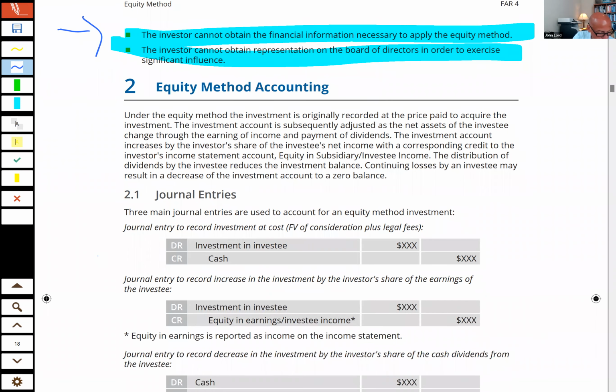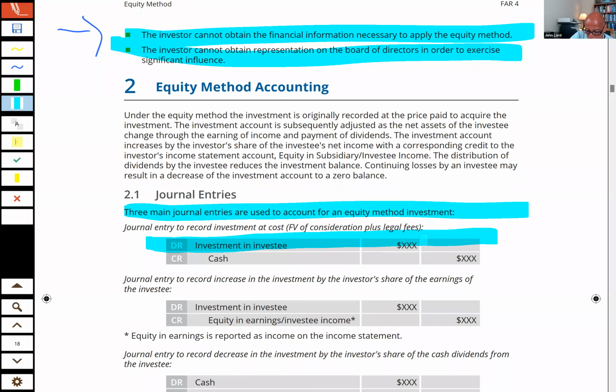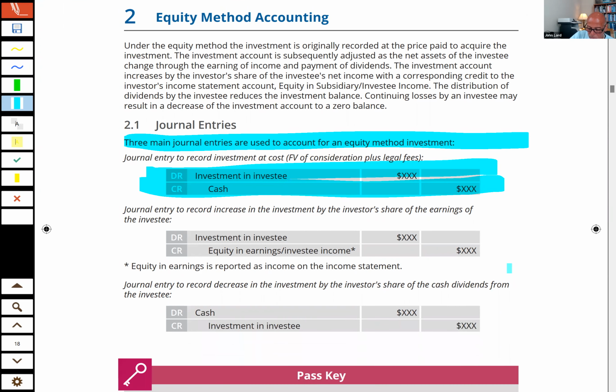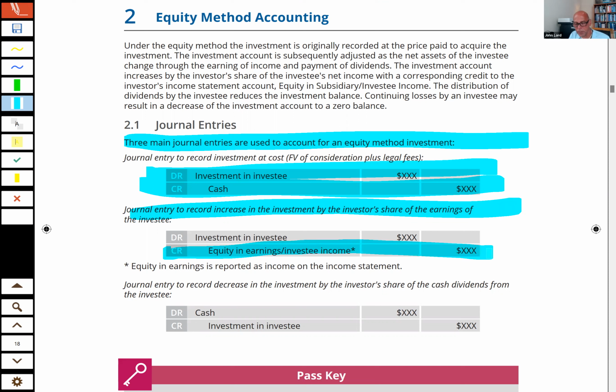Okay, so what happens when you look at the equity method? Of course, you will make the investment. So you'll debit the investment, you'll credit the cash. Then the problem will tell you what the net income of the investee is. You will take your share of the income of the investee.